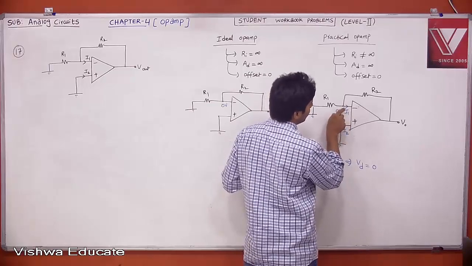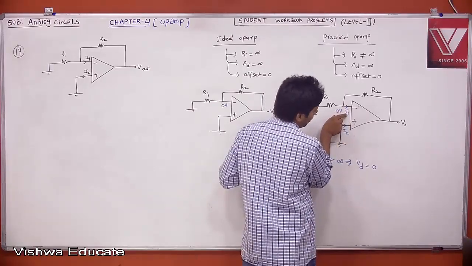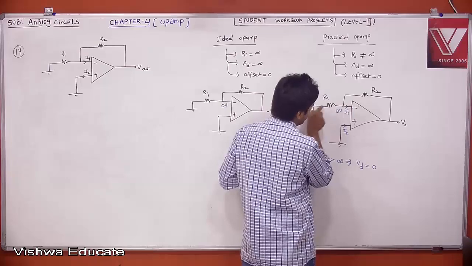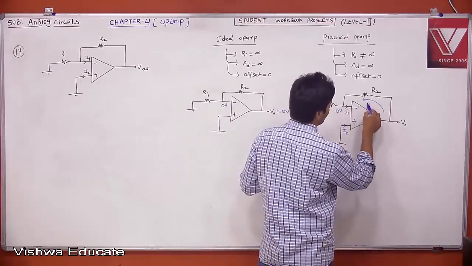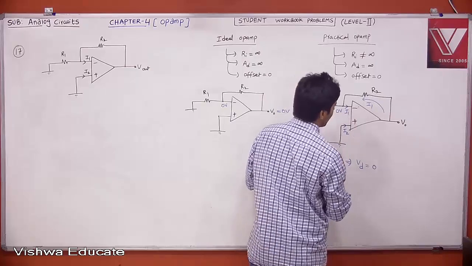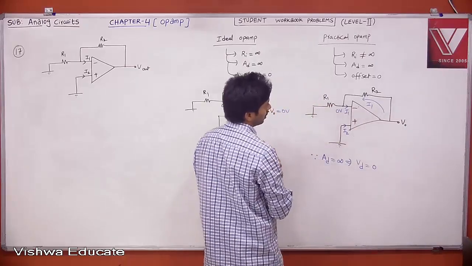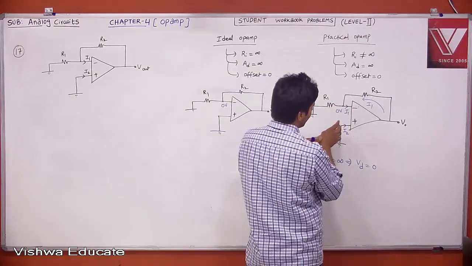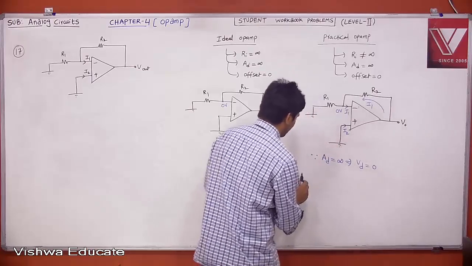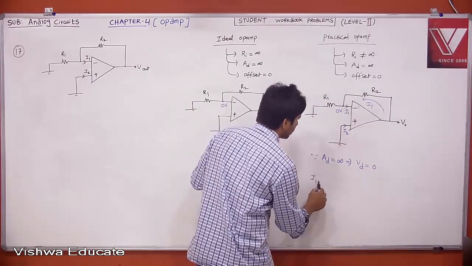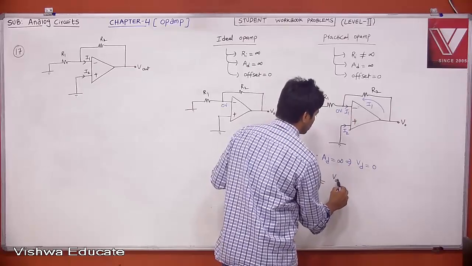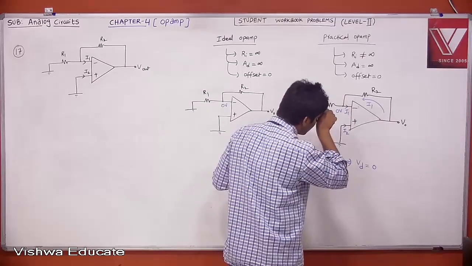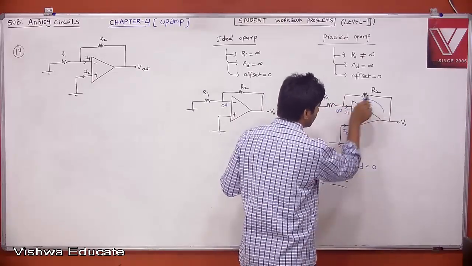Then when this is 0, where is I1 coming from? This is not from this. It has to come from this only, right? The I1 is coming from this. And this is 0. Therefore, tell me what is your I1? No need to apply nodal analysis. Therefore, I1 is equal to V0 minus 0, this voltage minus this voltage, divided by R2.